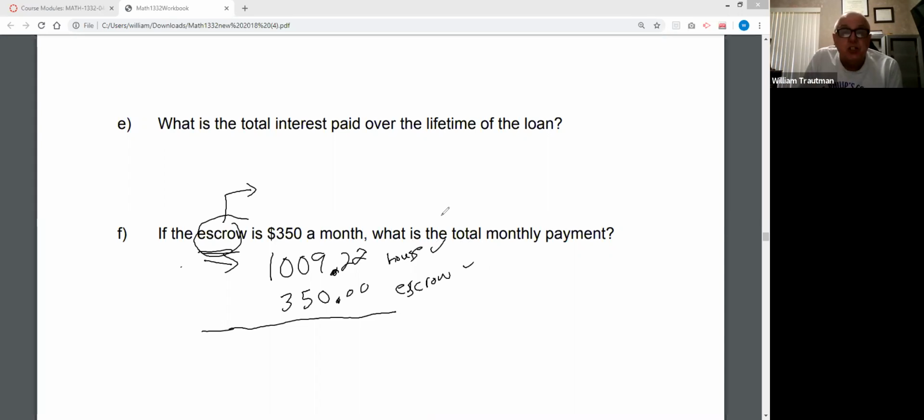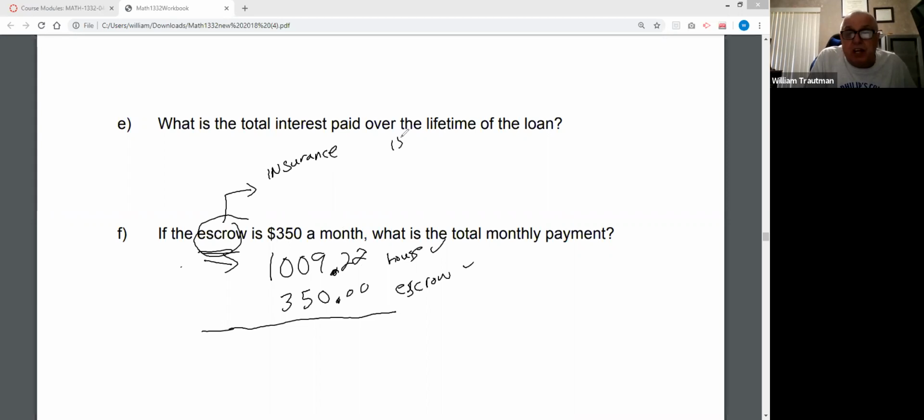Do you think the bank is going to give you a $200,000 loan if you don't have insurance on your house? So the bank is going to force you to buy house insurance on a $200,000 house. The insurance is probably going to be close to $2,000 a year.